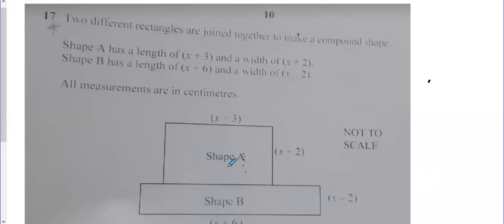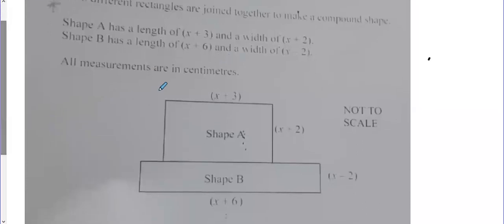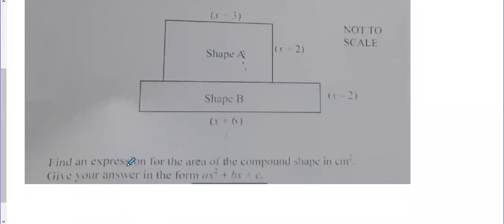Shape A has length x plus 3 and width x plus 2. And shape B has length x plus 6 and width x minus 2. All measurements are in centimeters. So find an expression for the area of the compound shape in centimeters squared. Give your answer in the form ax squared plus bx plus c.